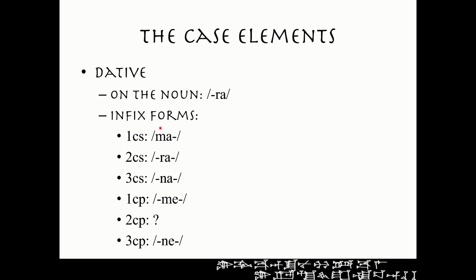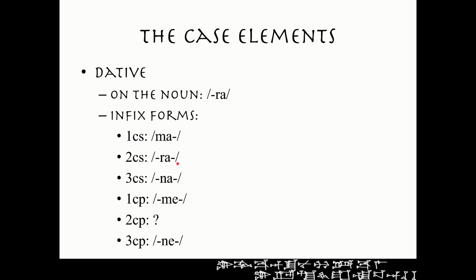Do three means to build. Ma do three would be he built for me. Ma do 11. He said to me. So if you see ma at the front of the verbal chain, that's a dative first common singular, to me or for me.